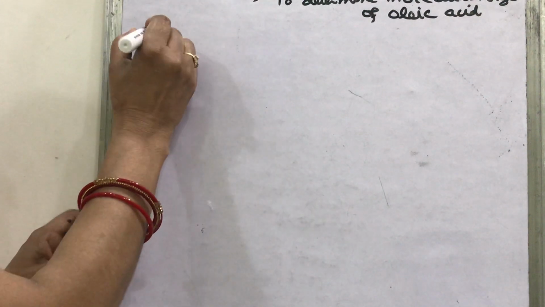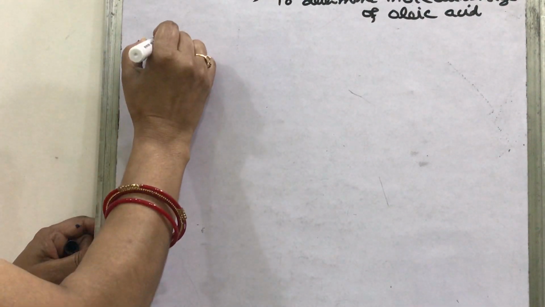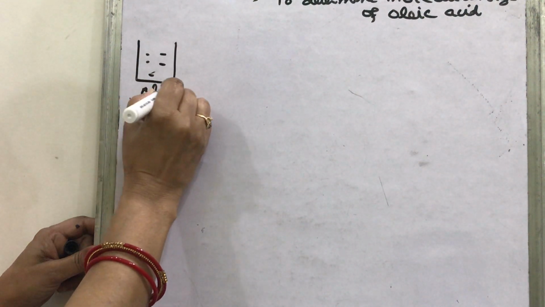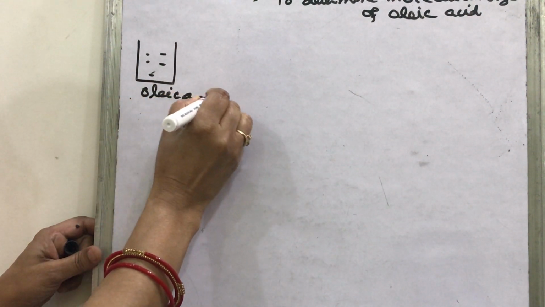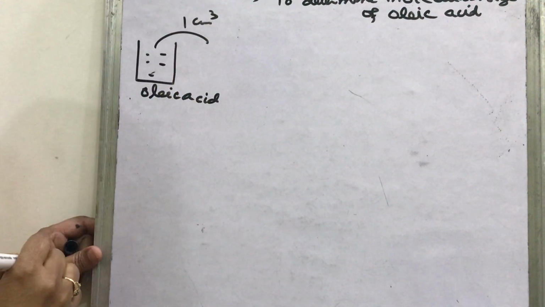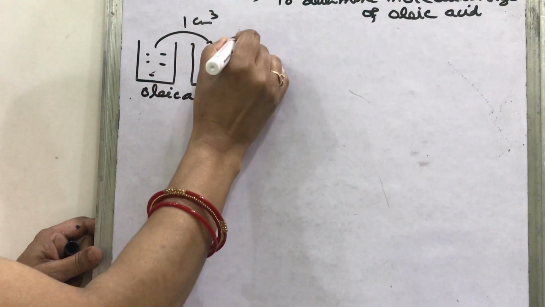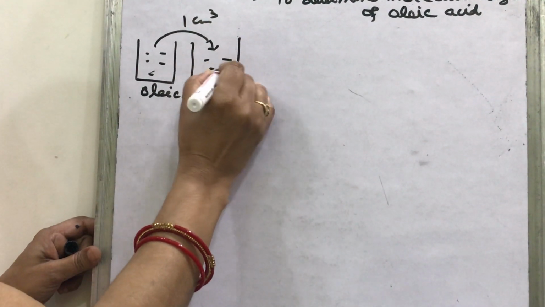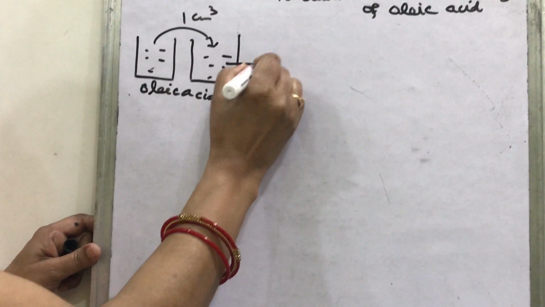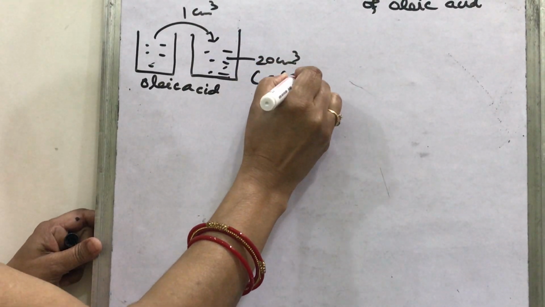1 centimeter cube, suppose this is the oleic acid, and what have been taken from oleic acid? We have taken 1 centimeter cube and we mixed it with 20 centimeter cube alcohol. This is 20 centimeter cube, and what is this? Alcohol.